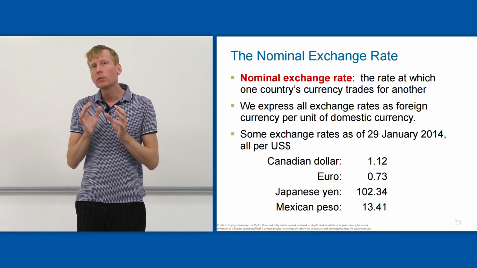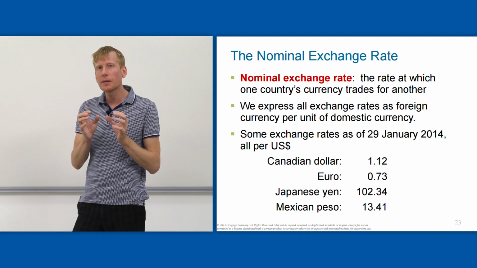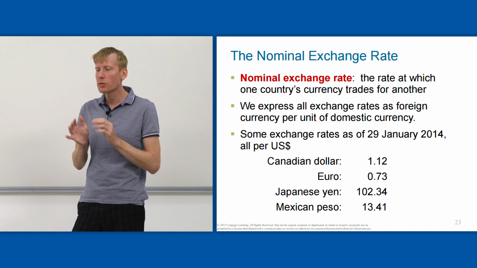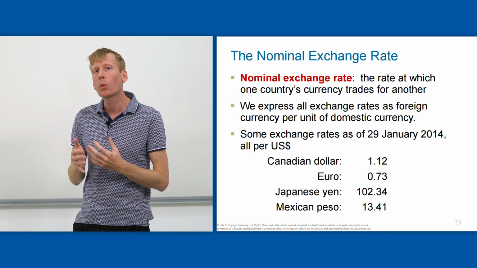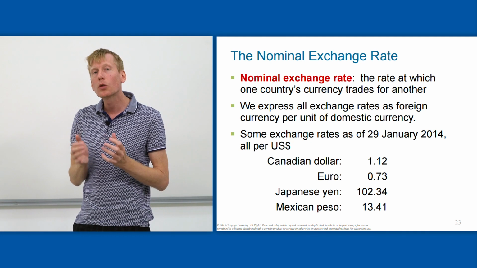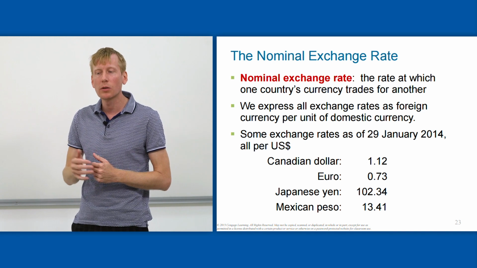Now, what we'll do is we'll express all exchange rates as foreign currency per unit of US currency, for simplicity's sake. And show some examples from 2014. The Canadian dollar, you could buy 1.12 Canadian dollars with a single US dollar. You could buy 0.73 euros at that time with one US dollar.